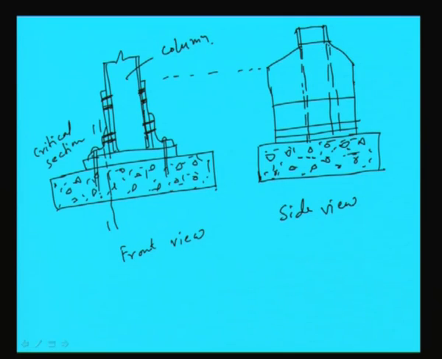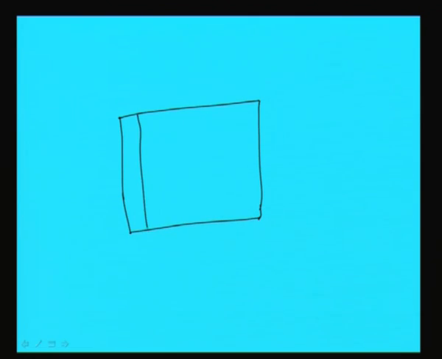So this is the column, this is the steel plate, and this is the concrete block, right. Now if we see the top view, it will look like this. If it is square, then the top view will be looking like this.